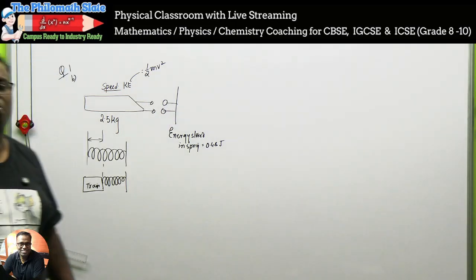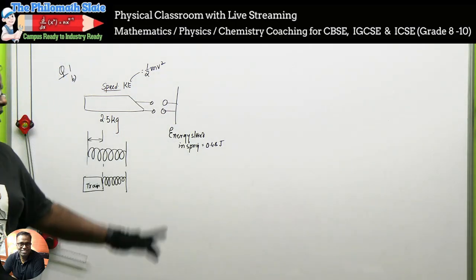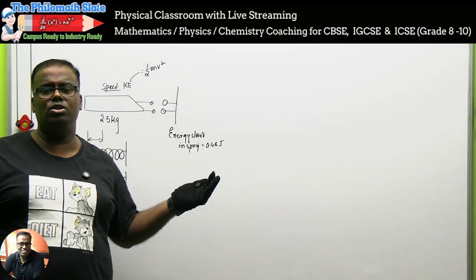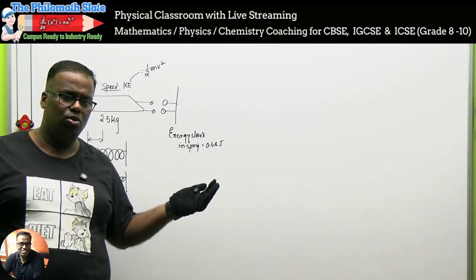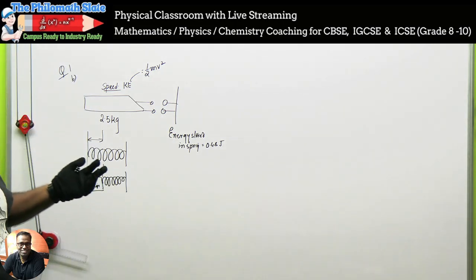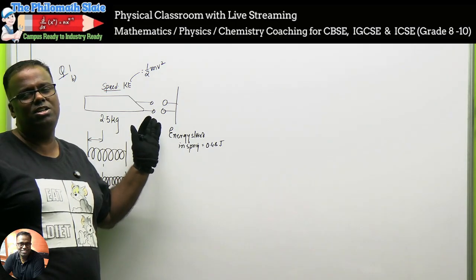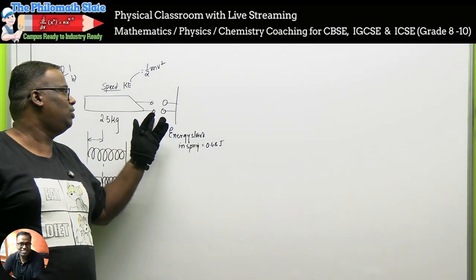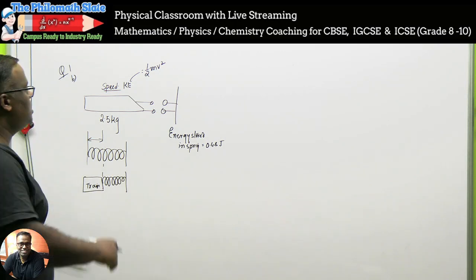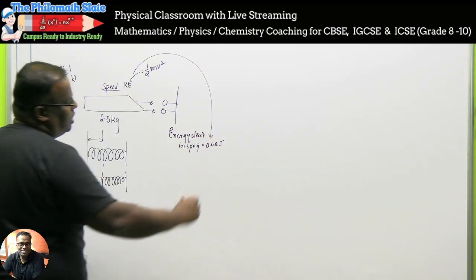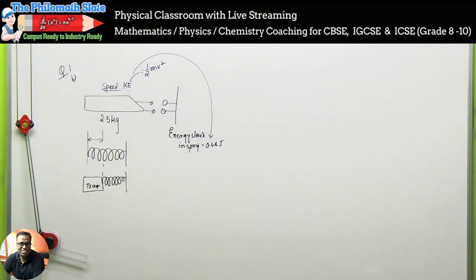The train stopped. So what is the kinetic energy? V became 0, kinetic energy became 0. Where did the kinetic energy go? Energy can neither be created nor destroyed. But we assume there is a 100% perfect conversion, otherwise heating would also take place. So this kinetic energy has got converted and stored in the spring. Now, can you calculate the velocity?